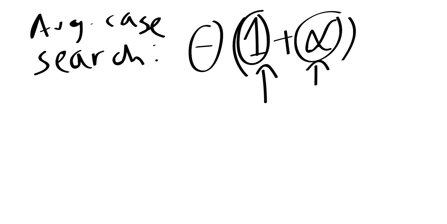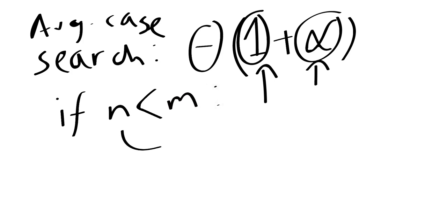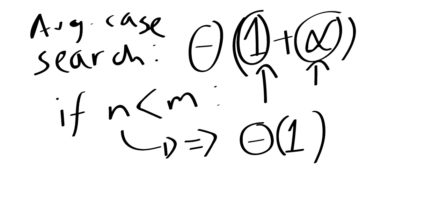Okay, so now notice that if n is less than m, then this implies that the runtime is constant. So we have theta of 1 runtime. That's if the number of keys is less than the number of slots.